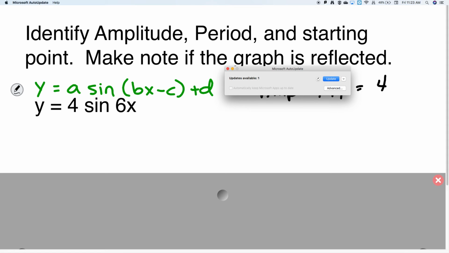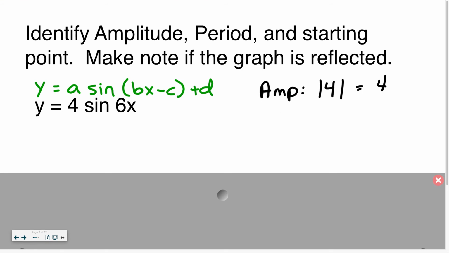Okay, period. We're going to do 2 pi over 6. And really, the absolute value of 6, always make sure that's positive. What would you do with 2 pi over 6?